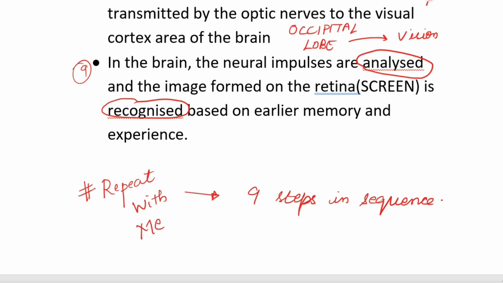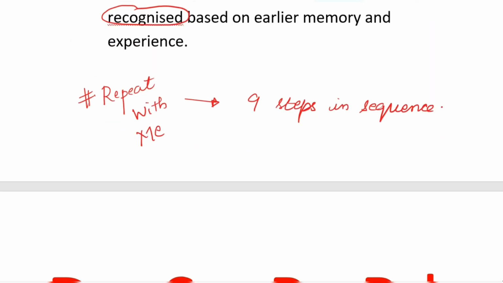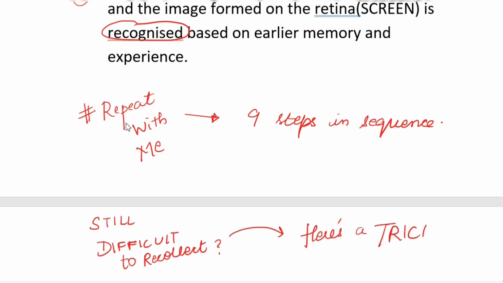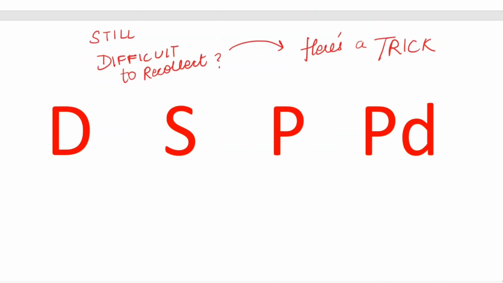So if you still find this a little difficult to understand and difficult to remember the sequence, I have a trick for you which goes like DSP. You know DSP, right? He's a famous musician in the South Indian film industry. So DSP PD.